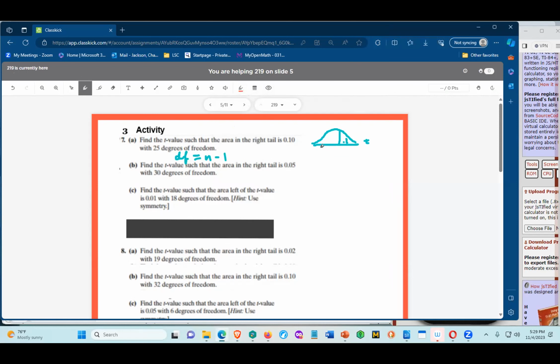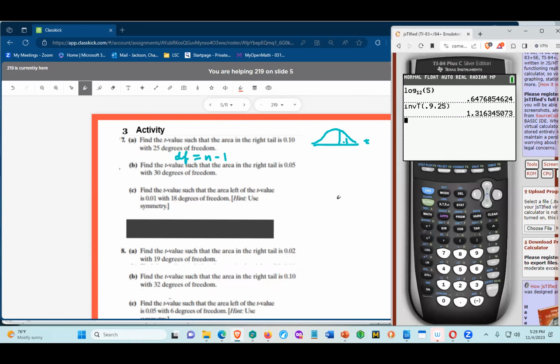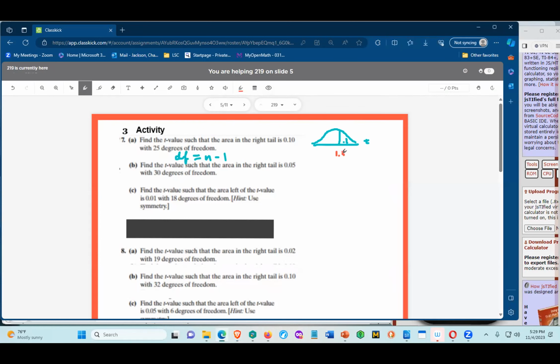Something positive, but that is a lot of area, 0.1. So it's positive, but it's not a big value of t like 3, 4, 5 or more. It's just 1.316, or I'll just say 1.32 for t. 1.32 is our value of t.